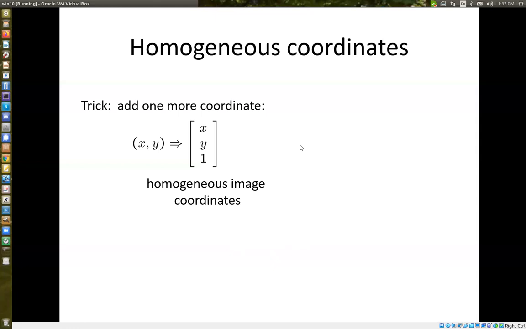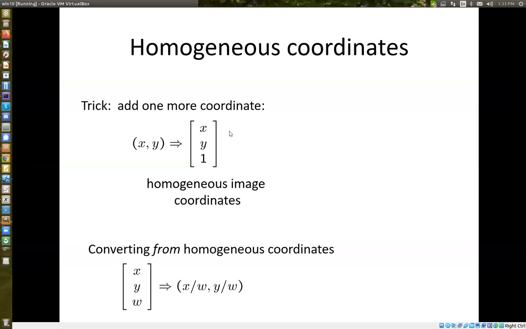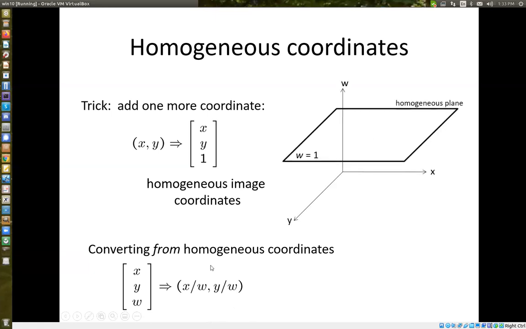If we just use the Euclidean coordinate, translation won't be a matrix multiplication. So we have this homogeneous coordinate, simply padding this dummy coordinate here. And if this is not one, we will just normalize that as the actual coordinate. So the real coordinate in this case is just x over w, y over w.